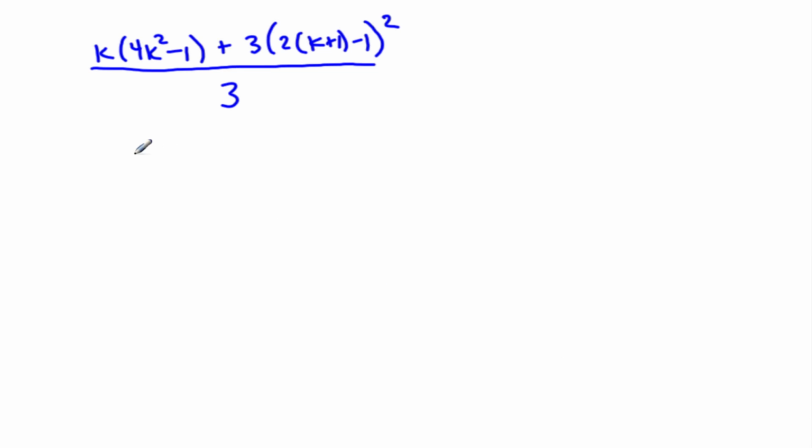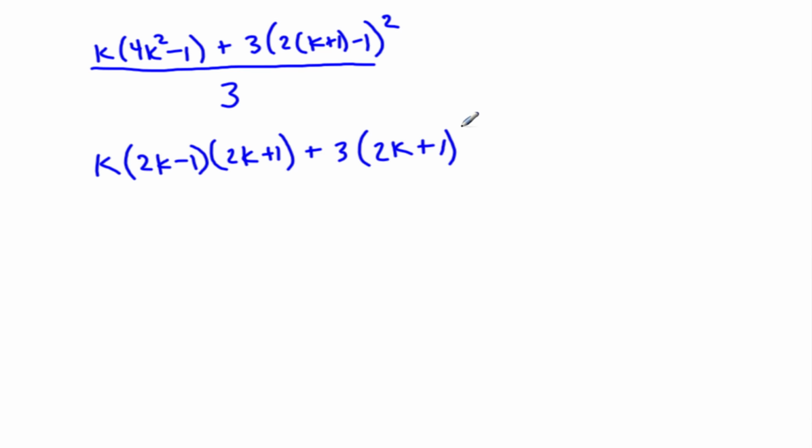And now, another good trick is to always try and identify when you have a difference of squares. So that's k, 2k minus 1, 2k plus 1, plus 3, and I'm going to simplify this piece a little bit. That's 2k plus 2 minus 1, so that's plus 1, and still squared, all over 3.